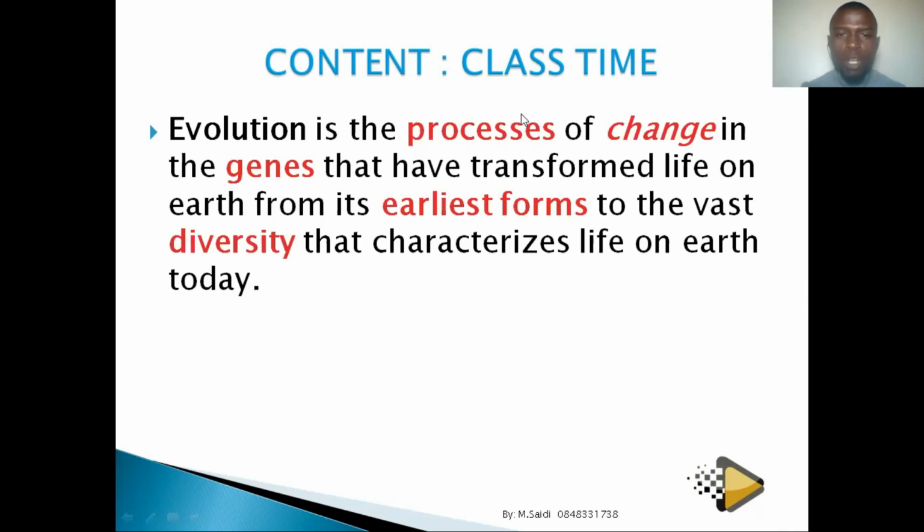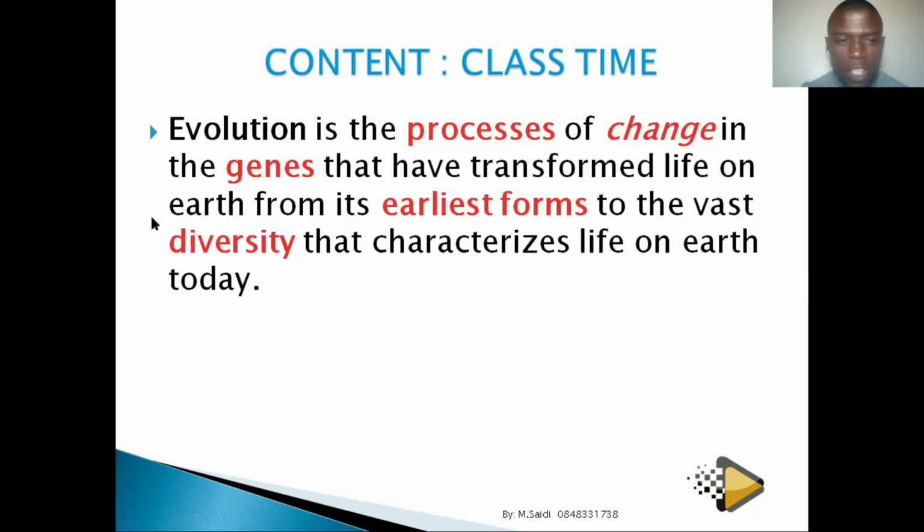of steps. So evolution doesn't just take place in a single event. It takes place in different steps, and once you combine those steps, you form what you call a process. These processes result in change in the genes. The moment you change the genetic composition of an organism, you have changed how the organism is going to look, how it is going to think, how it is going to react.